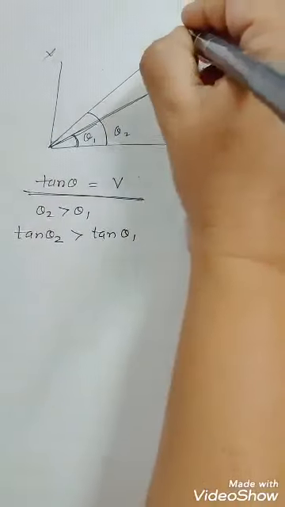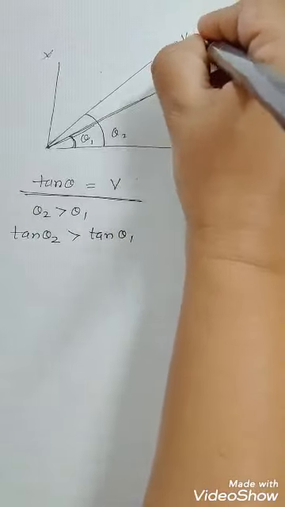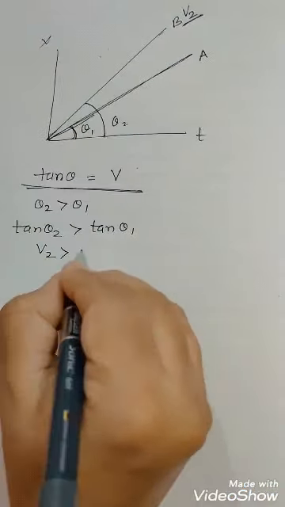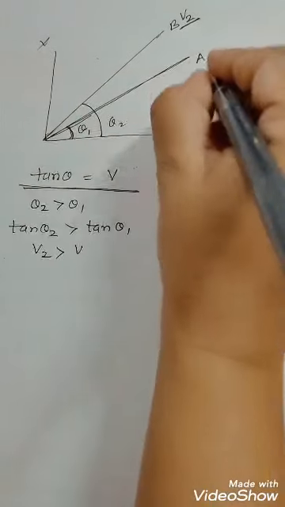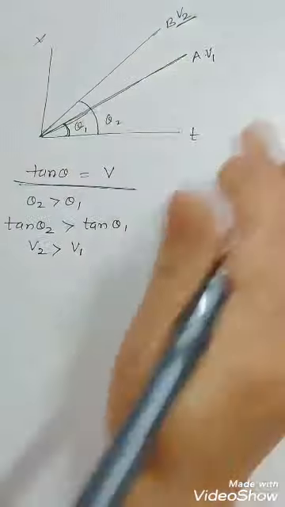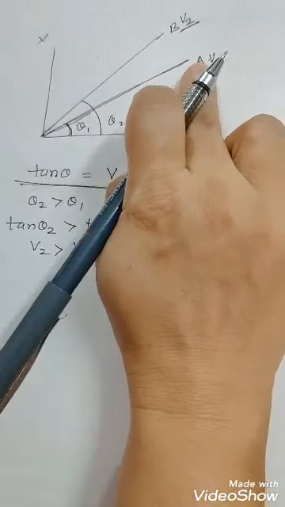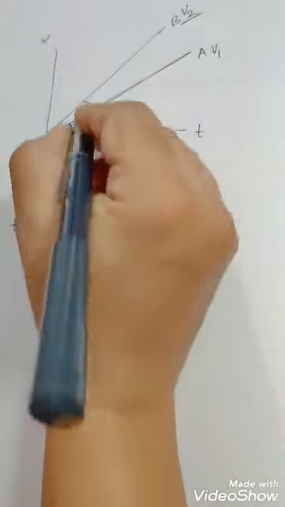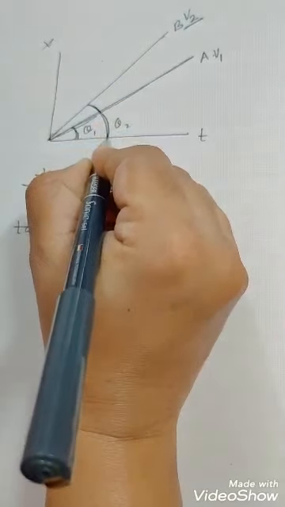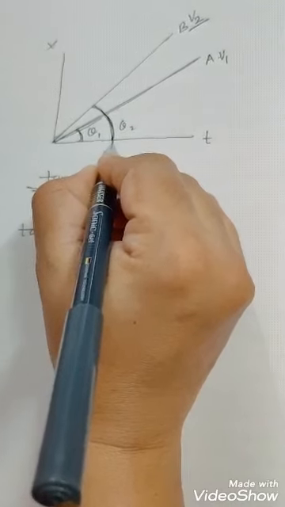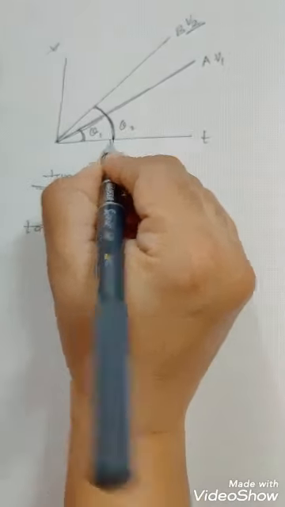So the speed or velocity of vehicle B is more than the velocity of vehicle A. Velocity of vehicle A is less than the velocity of vehicle B. So the more the slope of the graph, the more the velocity.